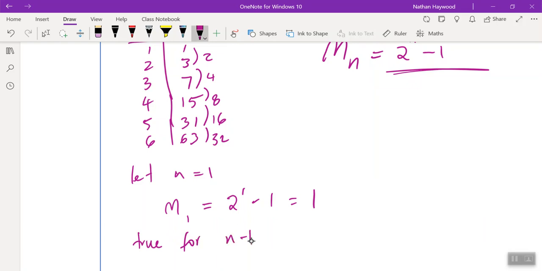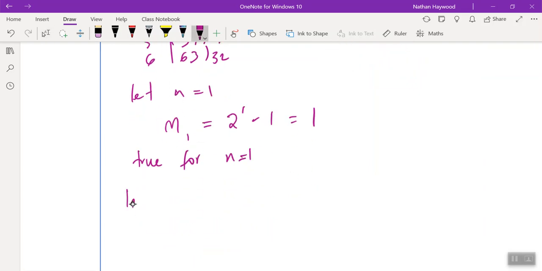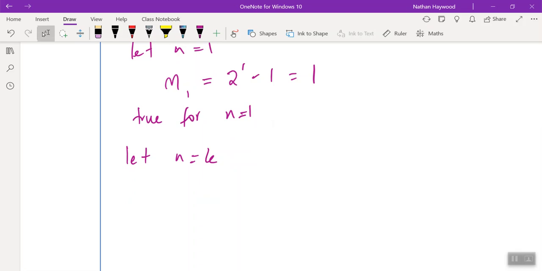So it's true for n equals 1. Next step, step 2, let n equal k. So we assume true.